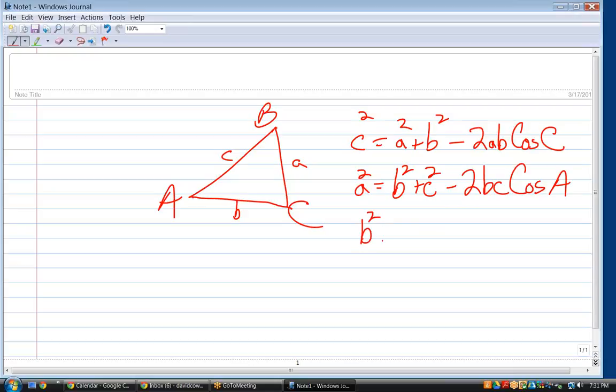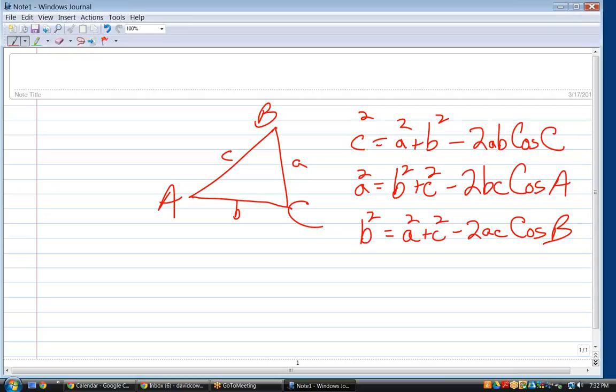And finally, if I want to solve for side B, B squared equals A squared plus C squared minus 2AC cosine B. They all have exactly the same pattern. You're always taking the cosine of the angle that's opposite the side you're trying to solve for. So, regardless of the triangle, you can use one of these 3 formulas.